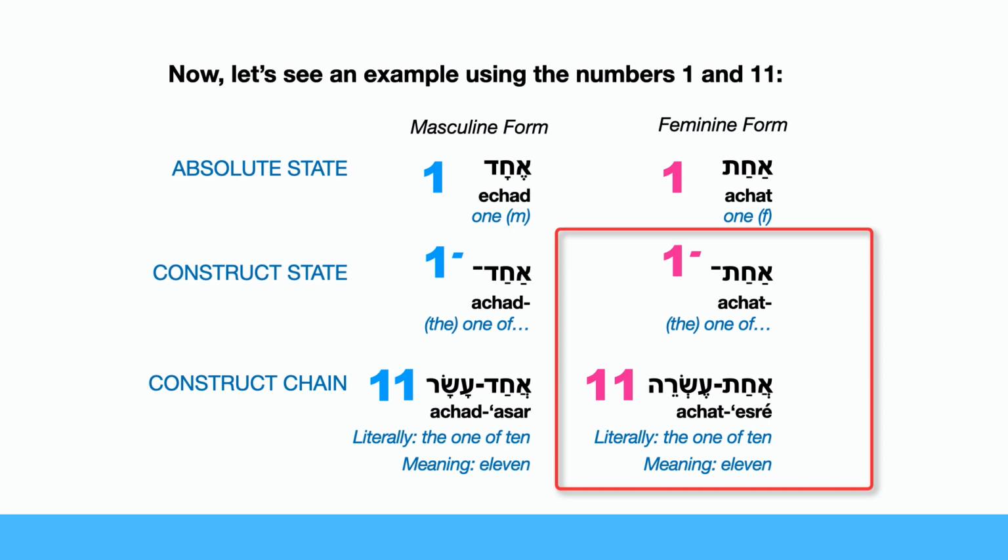It doesn't just mean one. So if you look at achat esre, which is the construct chain, formed by achat added to esre, the feminine version of 10 within the range of 11 to 19, that becomes achat esre. That means 11. 1 added to the 10, and combined they are 11.